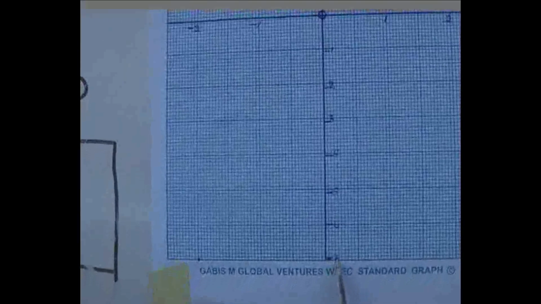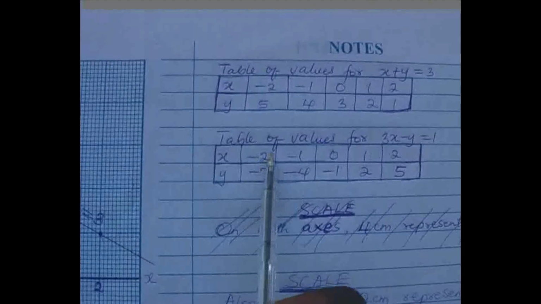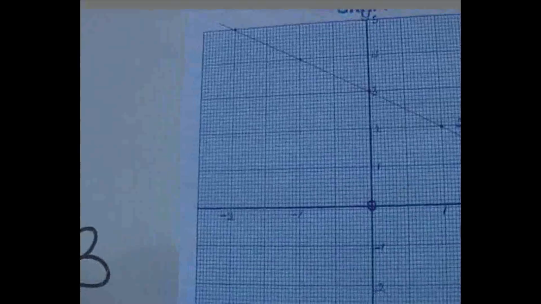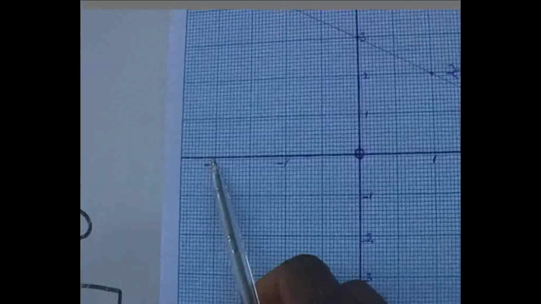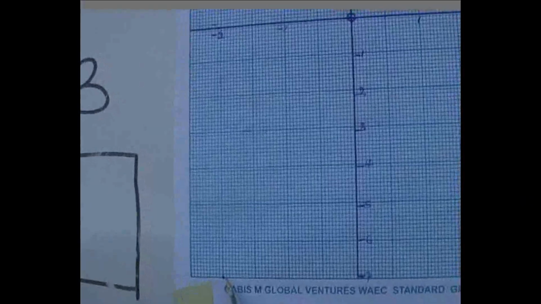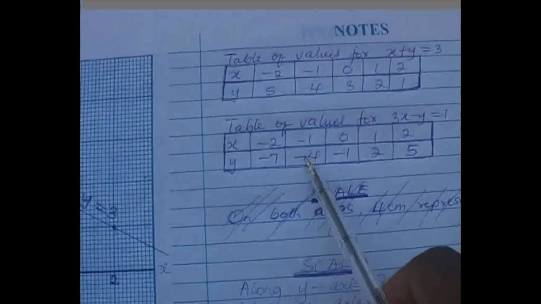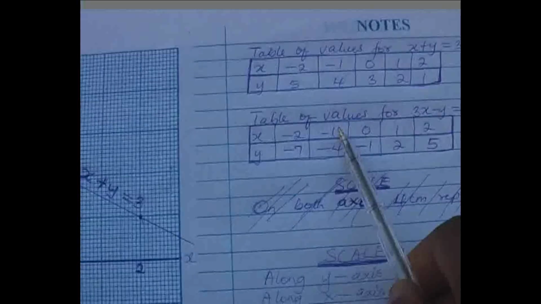You can see it. -7, value of y, and -2, value of x. The point of intersection of the two lines is here, and that was where we put our point. The next one, go to the table of values, -1 and -4. -1, the value of x.